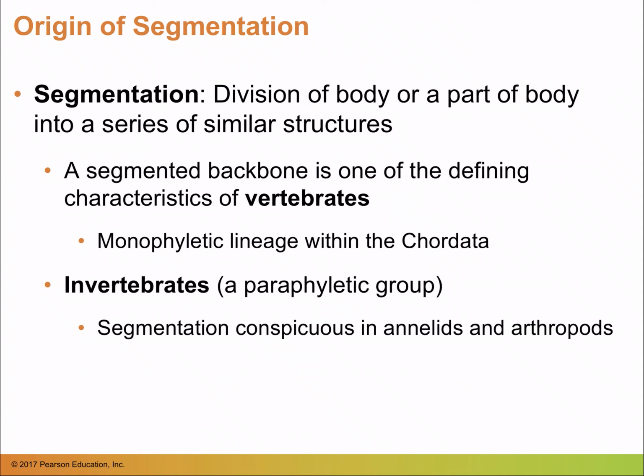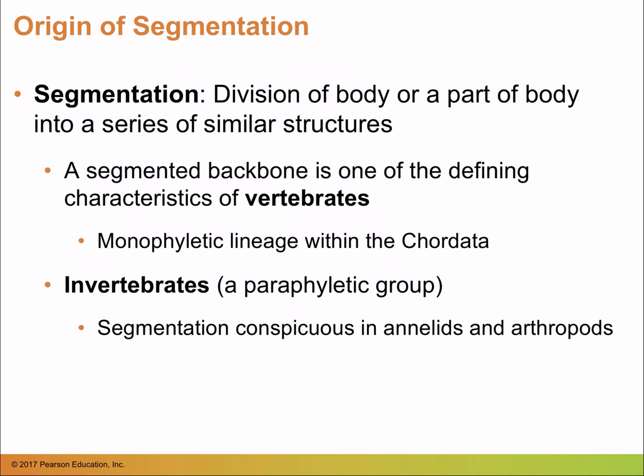Segmentation is something that we see in worms as being a defining characteristic. So it's the division of the body or a part of the body into a series of similar structures. We also see this in vertebrates with respect to the segmented backbone. And the segmented backbone is a defining characteristic of vertebrates. And vertebrates fall under the monophyletic lineage, within the phylum Chordata.